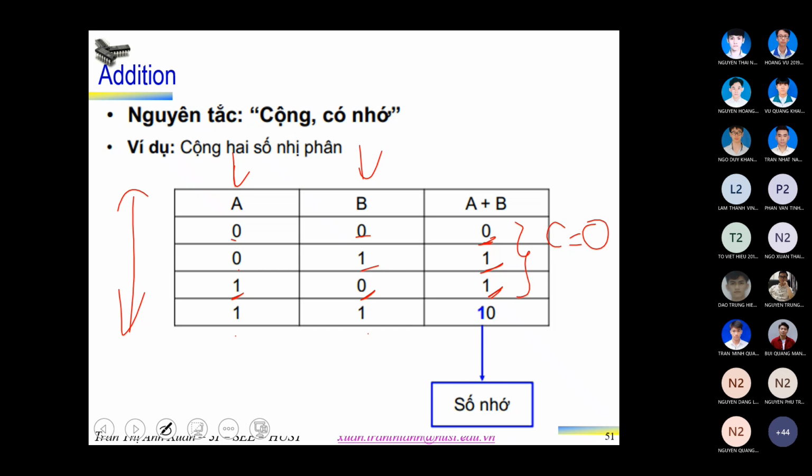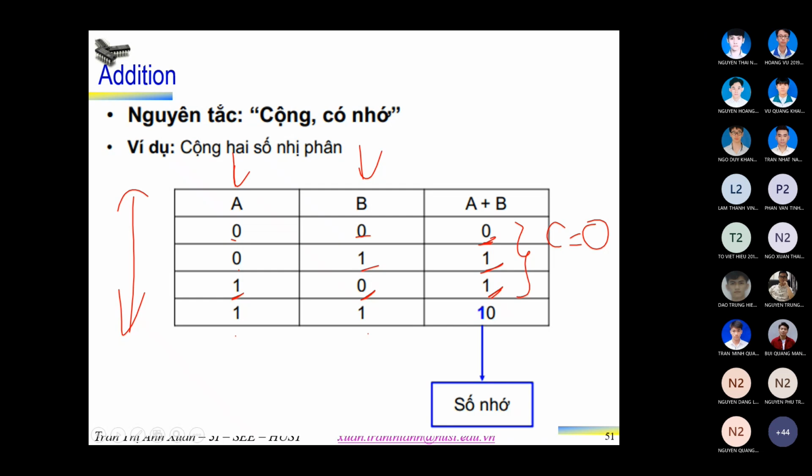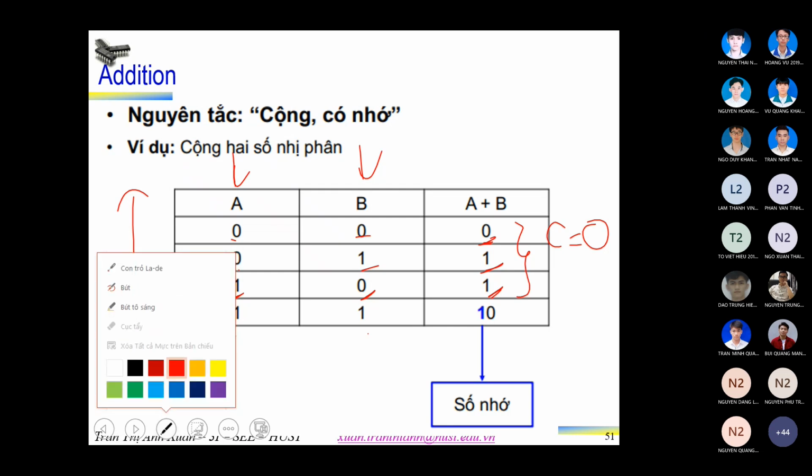For the final row, if both A and B are equal to 1, we have 1 plus 1. The sum is 0, and the carry here is equal to 1.